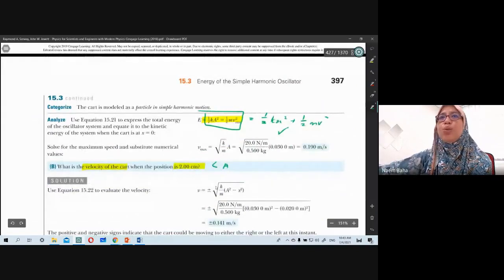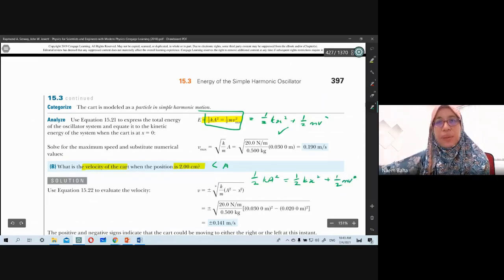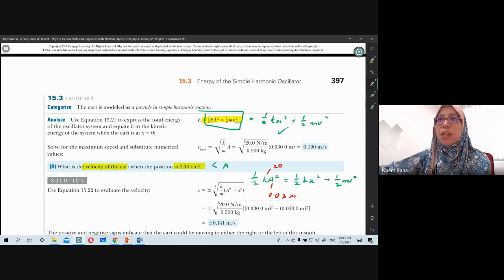I would rather you memorize it in the original form, which is half K A squared equivalent to half K x squared plus half mv squared. Then rearrange. I'll help you fill this up. K is 20, A is 0.003 meter, and x is 2 centimeter.